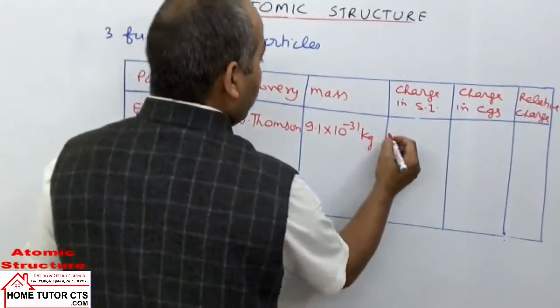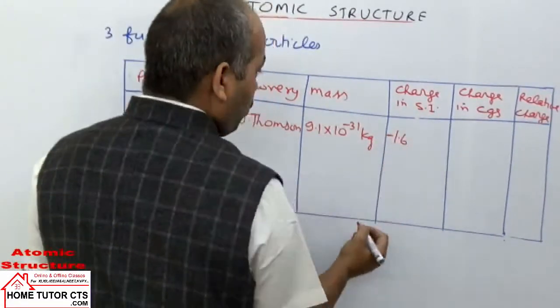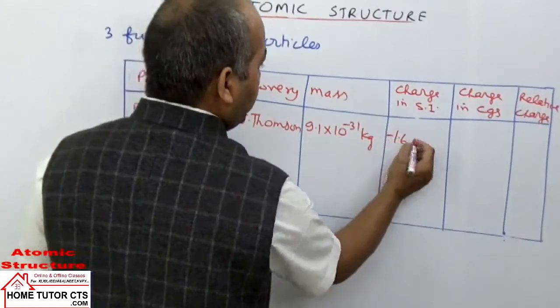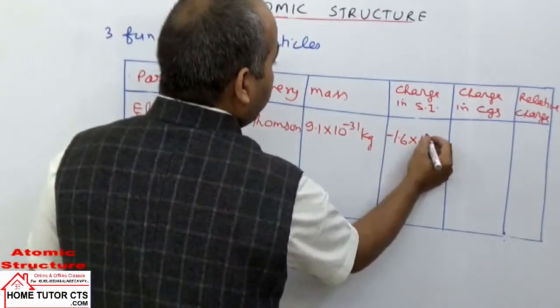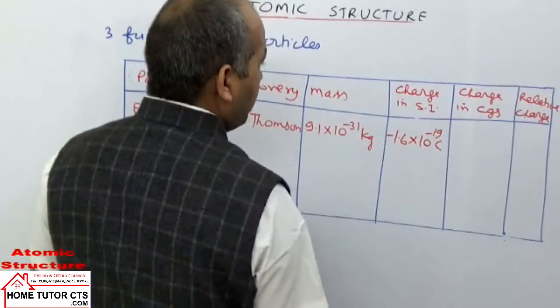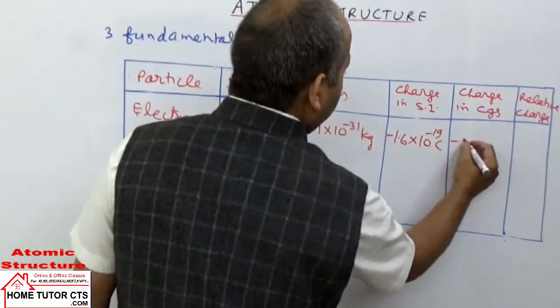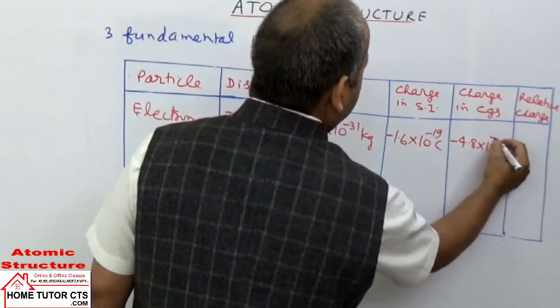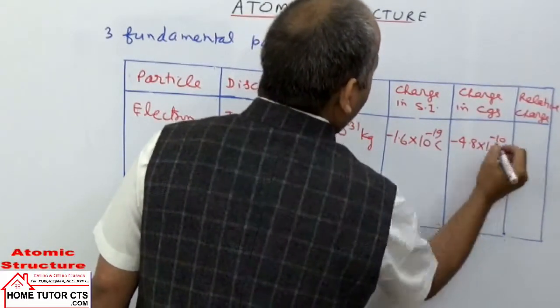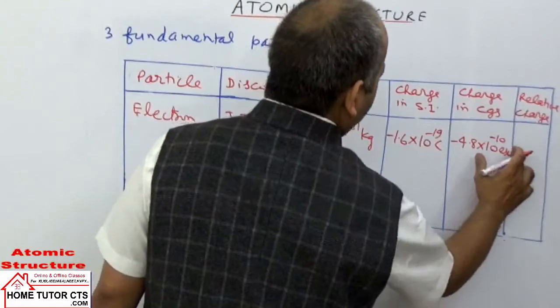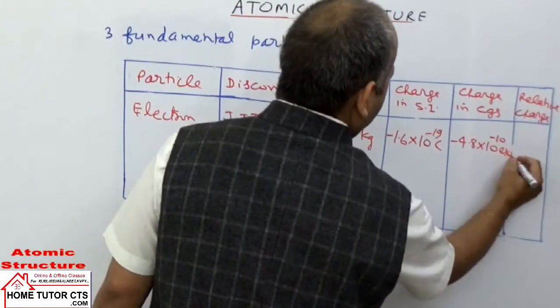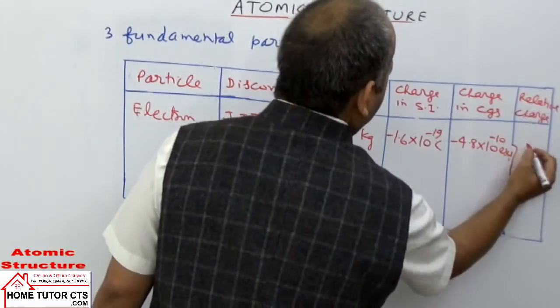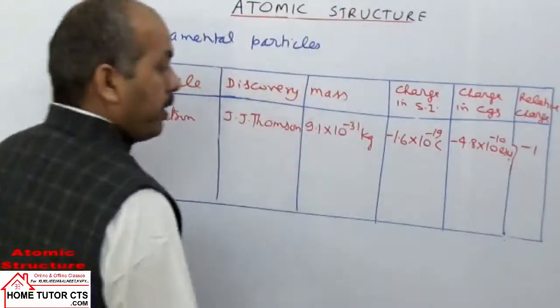Charge of electron is -1.6022; in solving questions you can take 1.6 × 10^-19 coulombs. In CGS the charge taken is 4.8 × 10^-10 ESU. It is the smallest charge, given the relative value -1.